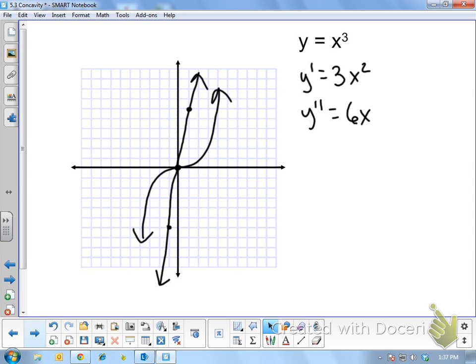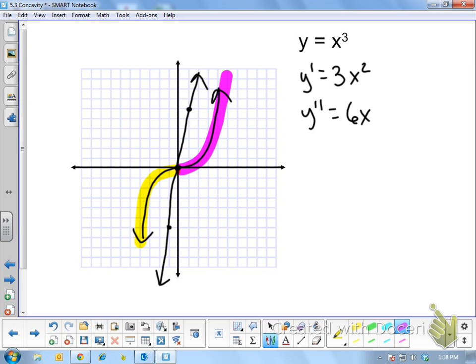So again, we're trying to get the second derivative to tell us information about f of x itself. So being able to see f of x is helpful on this one because we can tell where it's concave down and concave up. I know my graph is concave down from negative infinity to 0, concave up from 0 to infinity.